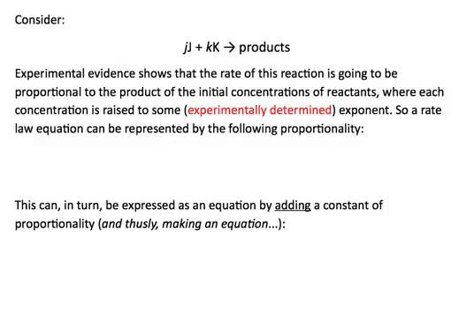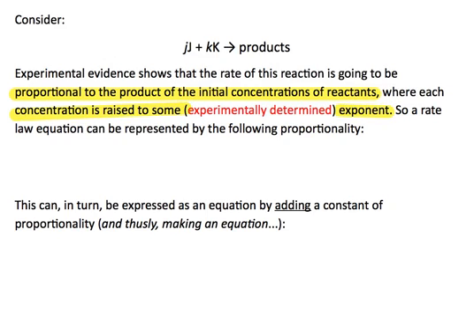So let's keep going. Here we have a simplified reaction: J plus K yields products. The lowercase j and lowercase k are meant to represent possible coefficients for those reactants. Again, the evidence shows that the rate of reaction is going to be proportional to the product of the initial concentrations of the reactants, where each concentration is raised to some experimentally determined exponent.